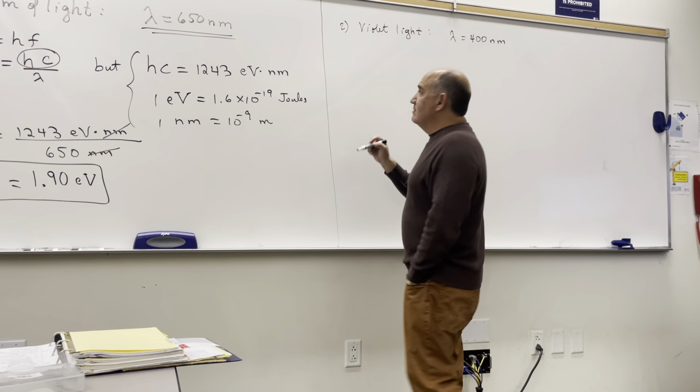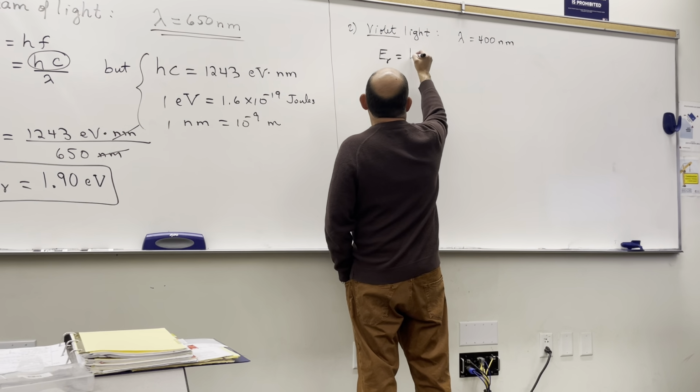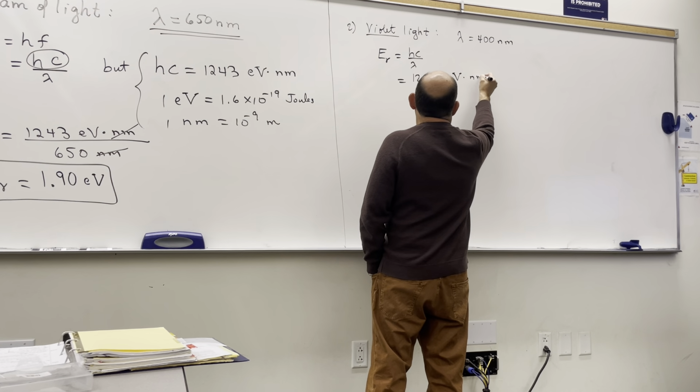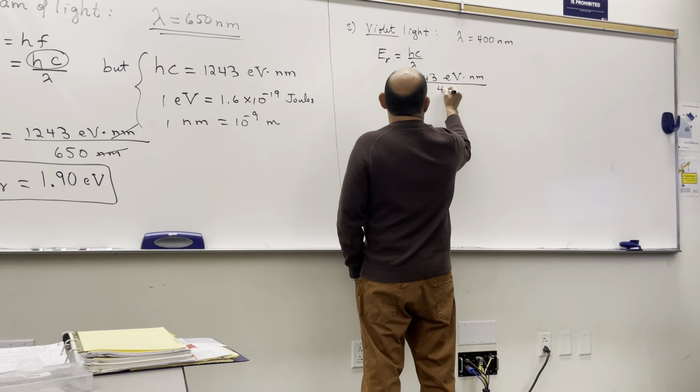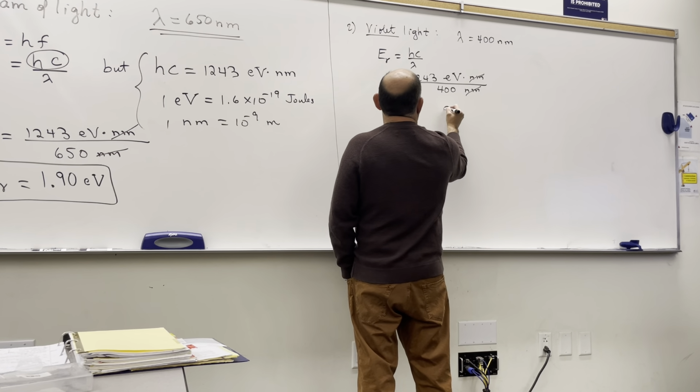What is the energy of a photon of violet light? It would be hc over lambda. So that would be 1243 electron volts times nanometers divided by 400 nanometers. The nanometers cancel, and then you get the answer in electron volts.